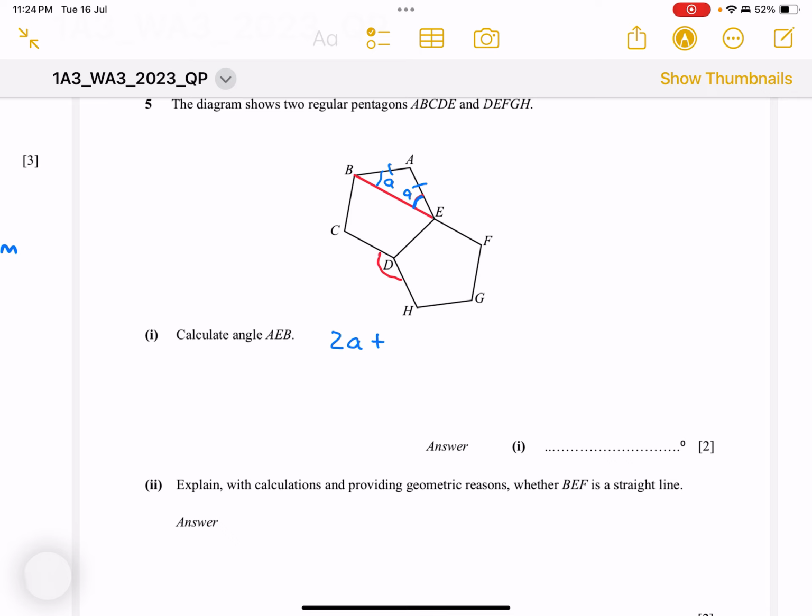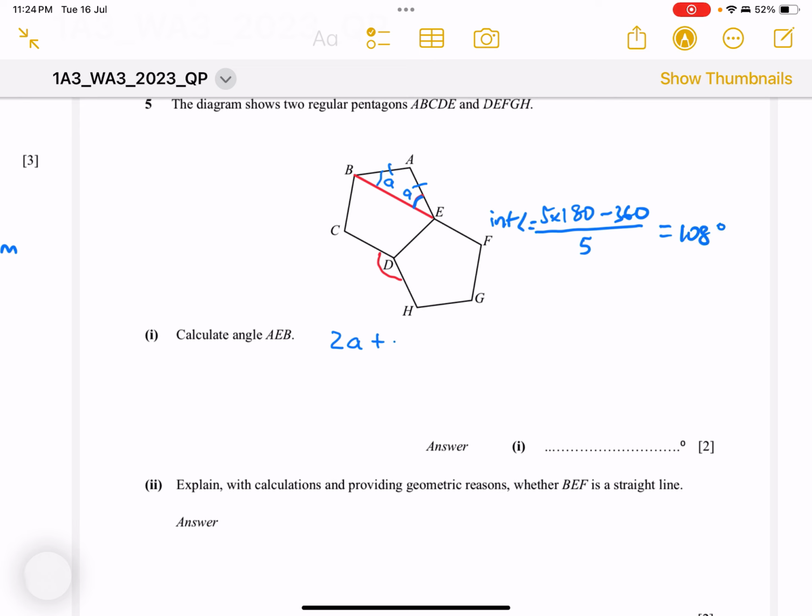We can first find the total angle, which is 180 times 5 minus 360. This will give us the total interior angle, divided by 5. So that will give us an interior angle of 108.